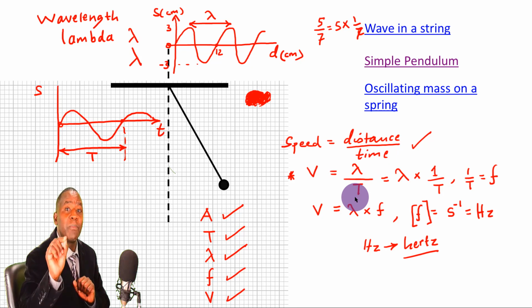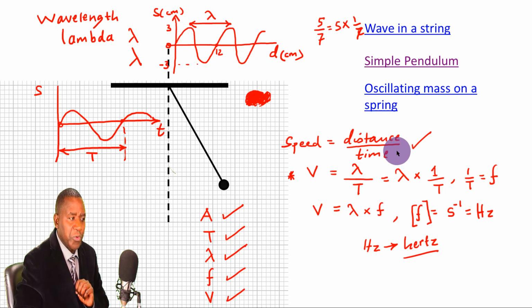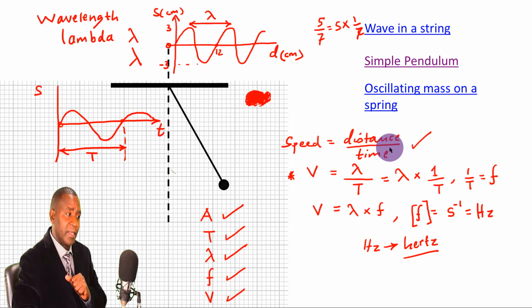And of course, the symbol used for periodic time is capital T. So the first equation for calculating speed is this one. If the distance given and time is given, don't worry about anything else. Just substitute those values into that equation and you get the answer. Or if the wavelength and time are given, use them.